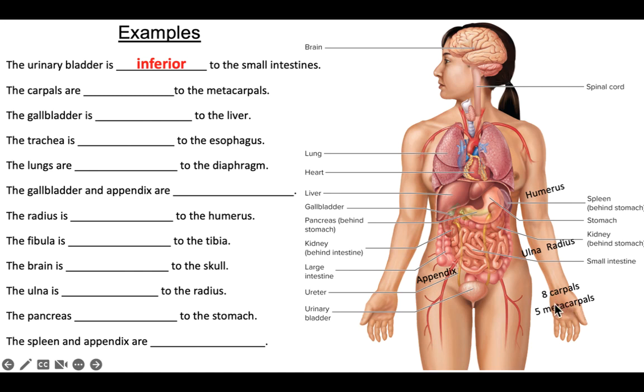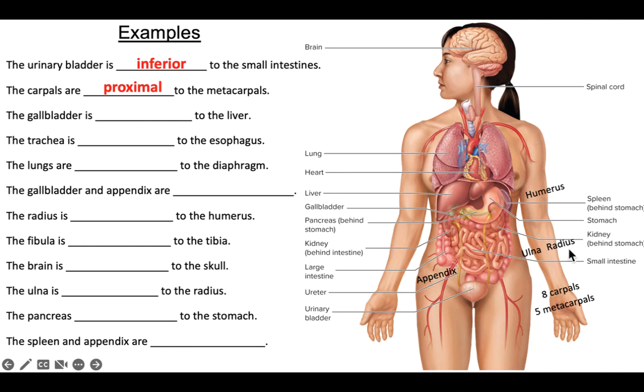So your hand has 5 bones called metacarpals. So your carpals are here, your metacarpals are here. Well, the best word to use, because there's an attachment here, is proximal. So the carpals are proximal to the metacarpals because they are closer to the attachment site.